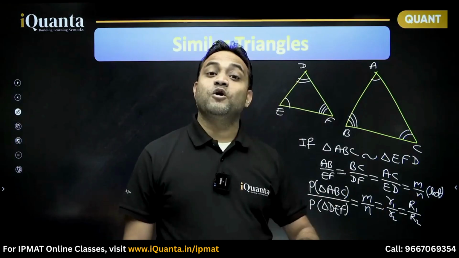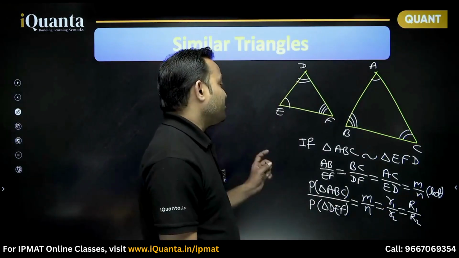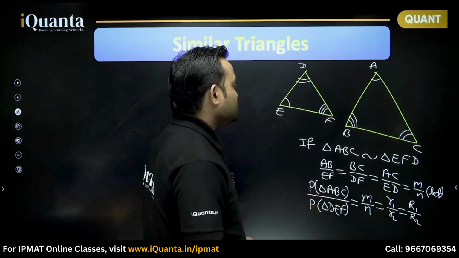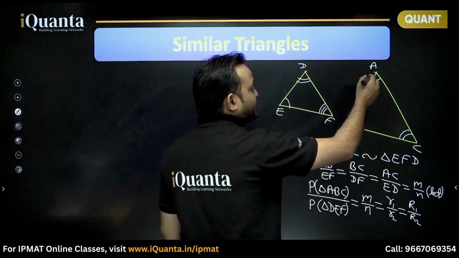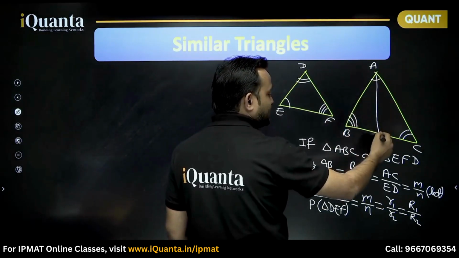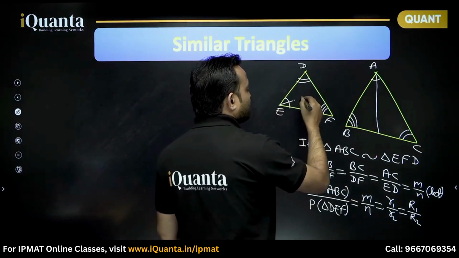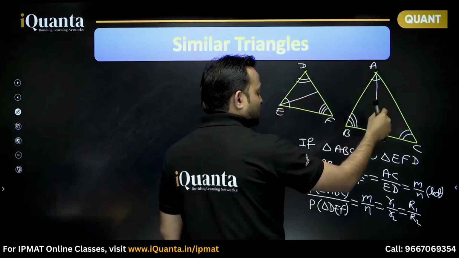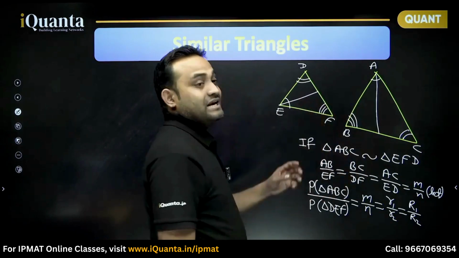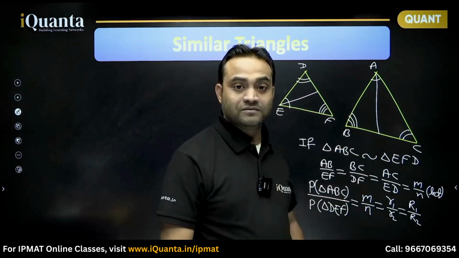Also the corresponding medians, meaning the median drawn from angle A and the median drawn from angle E, will be in the same ratio. If this is M1 and this is M2, then M1 upon M2 will be m by n.